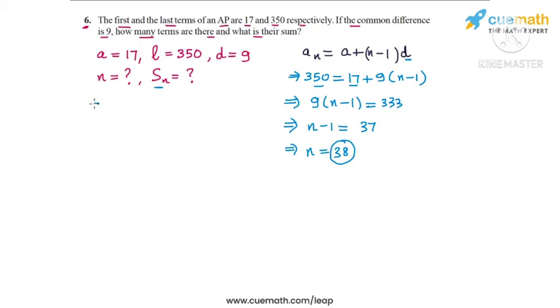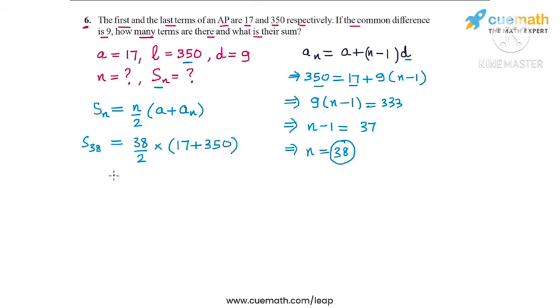So to do that, I'm going to make use of the relation Sn is equal to n by 2 times a plus the last term an, or L if you want to write it as L. So S38 will be equal to 38 by 2 into a, which is 17, plus the last term L, or the 38th term, which is 350.